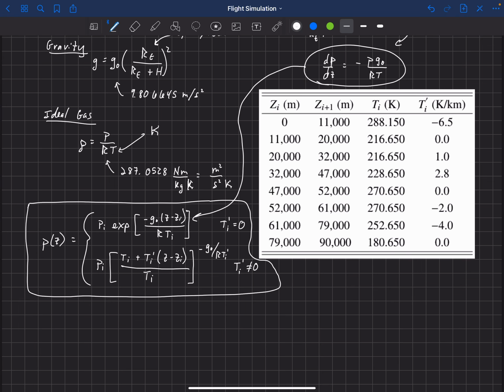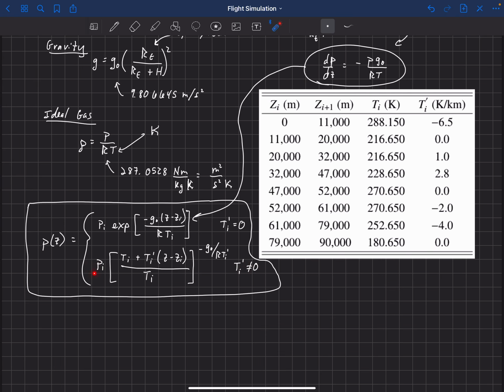So it turns out that as you can see here, if I want to find the pressure when I'm in this altitude range, for example, between 20 and 32,000, what I need to know is, is this a region where T prime is 0 or non-zero? Well, this is non-zero, so I'm going to use this equation here.